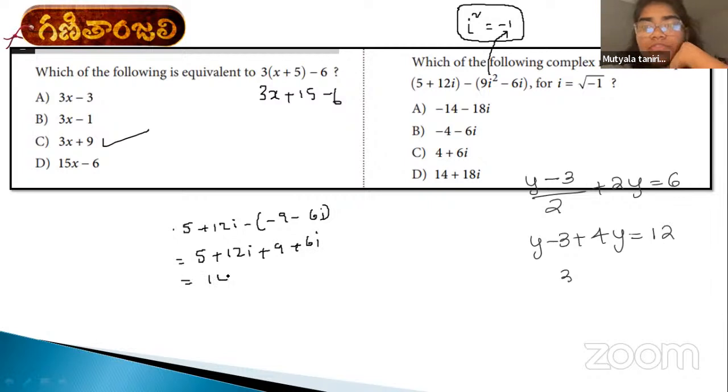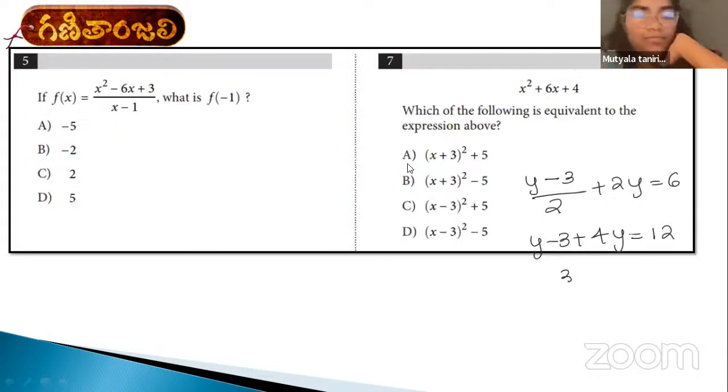Very good, 14 plus 18i. Option D. It's a very easy question, right?